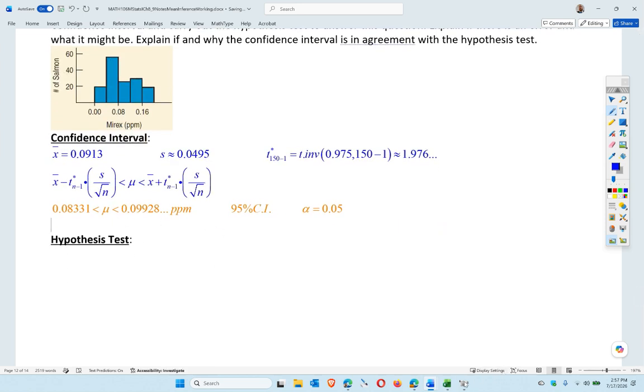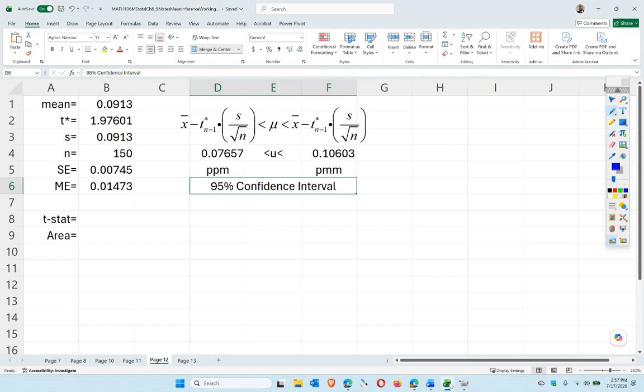Is it 0.9928? Oops, nope, I think I screwed up here. 0.0976, 0.0913. Oh, I screwed up. This is not correct.